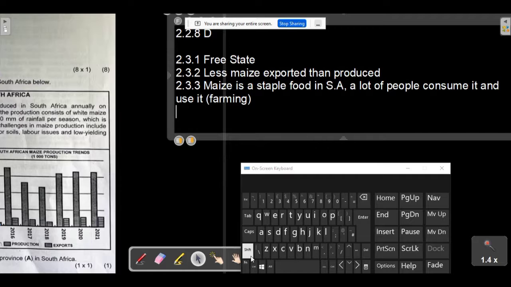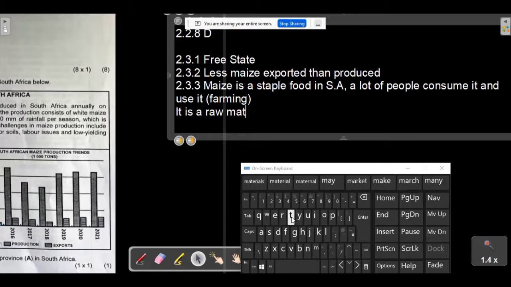So the second point is it is a raw material for many industries.